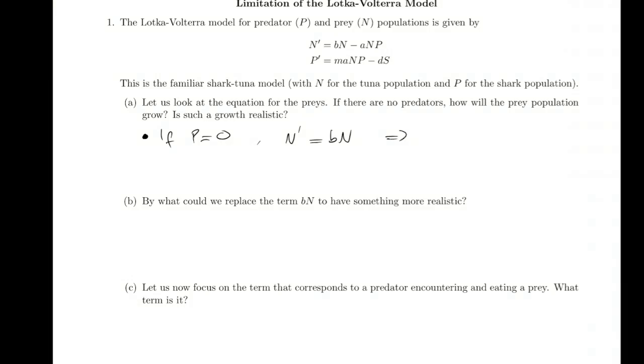And recall that the solution to this is given by f of n is equal to e to the power of bn. A quick calculation shows that the derivative of that satisfies the change equation. And so if there are no predators, the population will grow in an exponential way. That is, we can say if there are no predators, there is exponential growth.